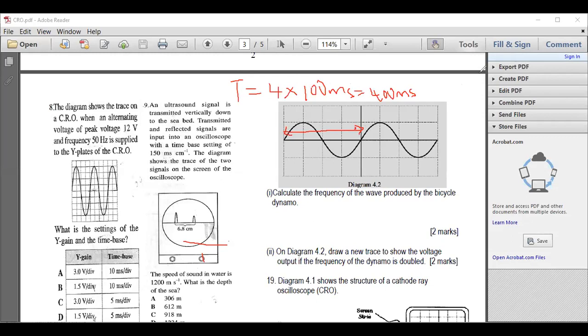You divide by 1000. So 400 divided by 1000 is 0.4. Then only find the frequency. So frequency is 1 over period. 1 over 0.4.